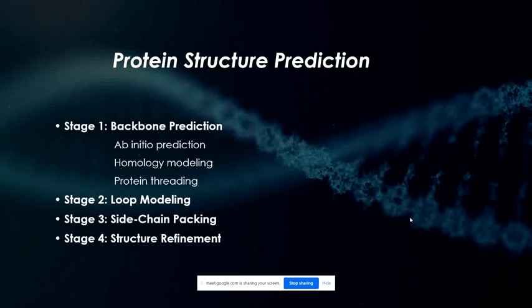In protein threading, rather than finding out the similarity in the whole protein structure, it simply breaks up the protein into multiple small fragments and tries to find out the similarity in those small fragments. For example, you have a 100 amino acid long protein, so it is going to break up the protein into small fragments of 10 amino acids each. So it is going to break up the protein into 10 fragments and find out if there are any proteins with that 10 amino acid sequence similarity.